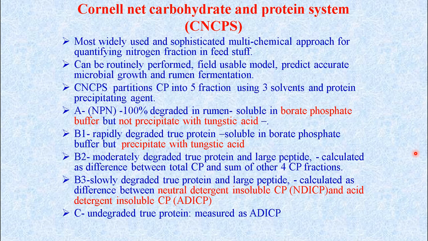Another newly derived fraction is B3, slowly degraded true protein and large proteins, calculated as the difference between the neutral detergent fiber and the undegraded crude protein or true protein. Ultimately we need to convey this as measured ADICP.